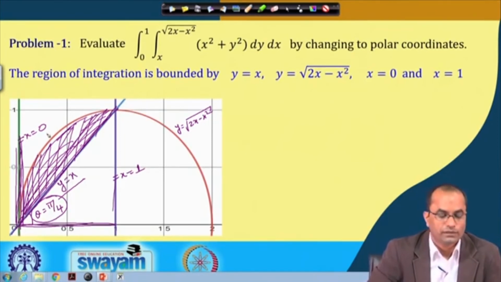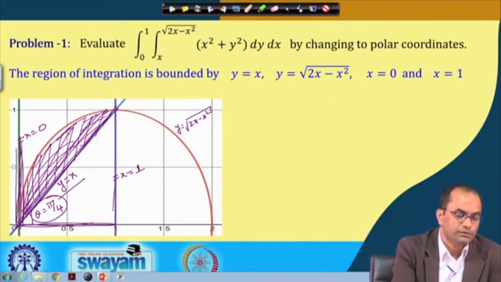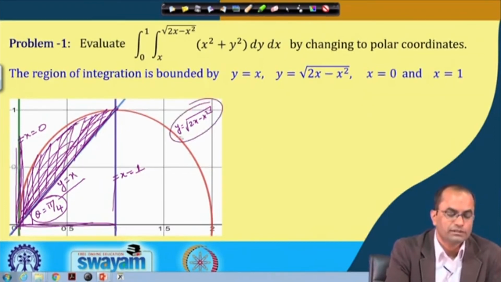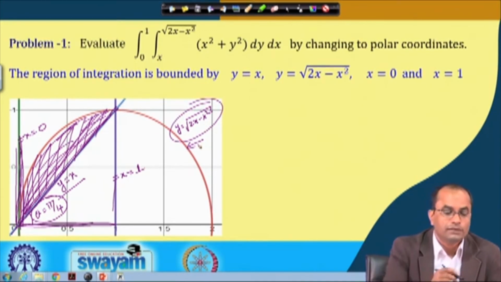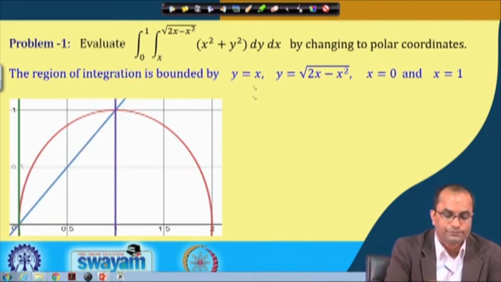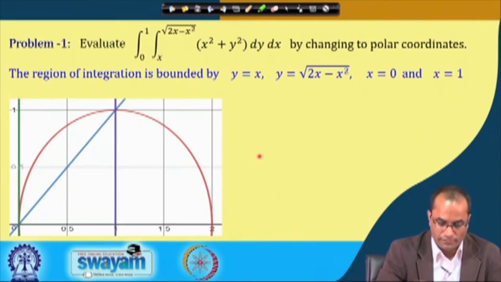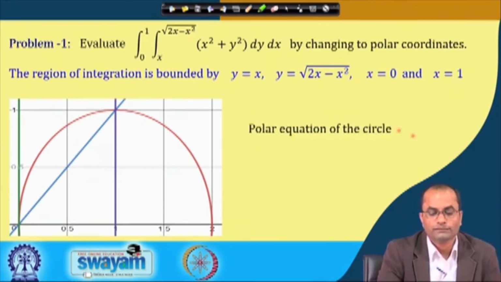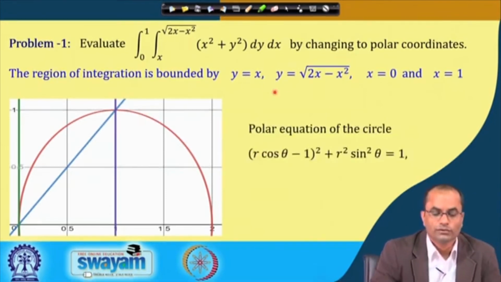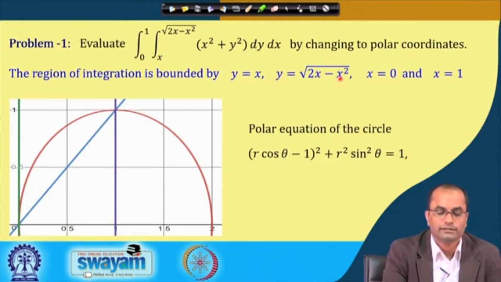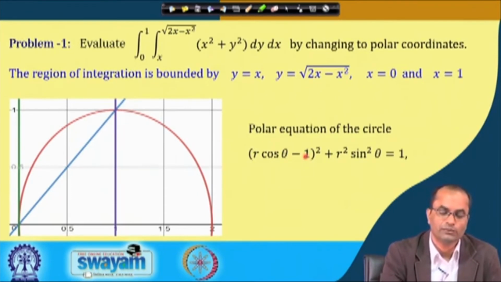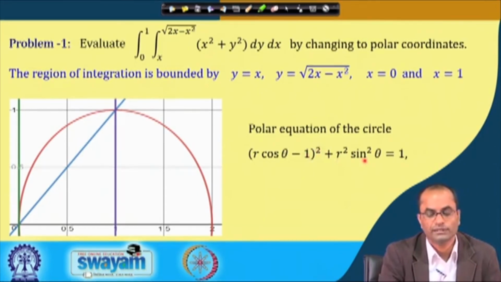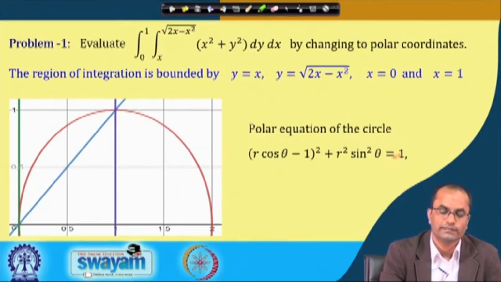So, the limit of r is also simple, but we have to get now what is the equation of this circle in terms of r and theta. So, the polar equation of the circle. The given equation was x minus 1 square plus y square is equal to 1. So, r cos theta minus 1 whole square plus r square sin square theta for y square is equal to 1.